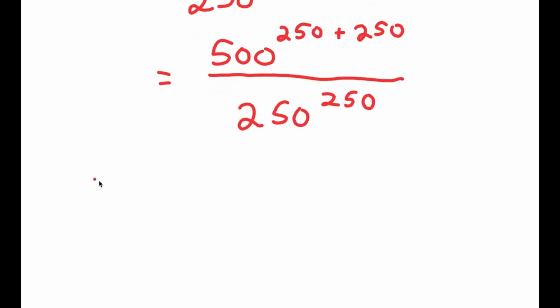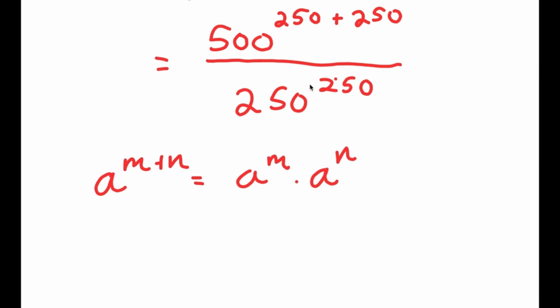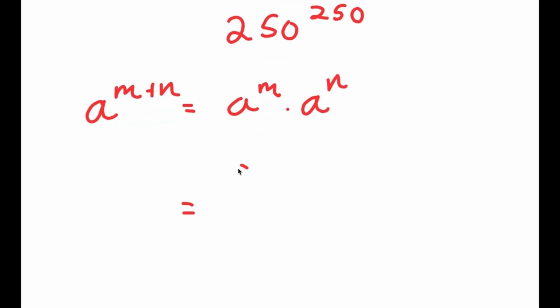Now, if I have something in the form a to the power of m plus n, this is equal to a to the power of m times a to the power of n. So 500 to the power of 250 plus 250 is going to equal 500 to the power of 250 times 500 to the power of 250.